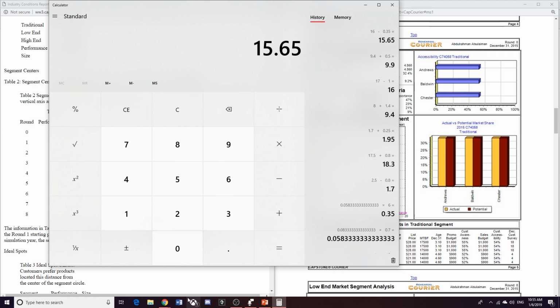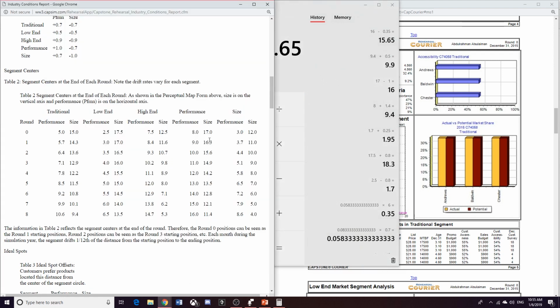And that means that in the middle of round 1, size is gonna be 15.65, right? So that's where you want to position your product, right? So why am I keep on telling you guys to position your product in the middle of the year?